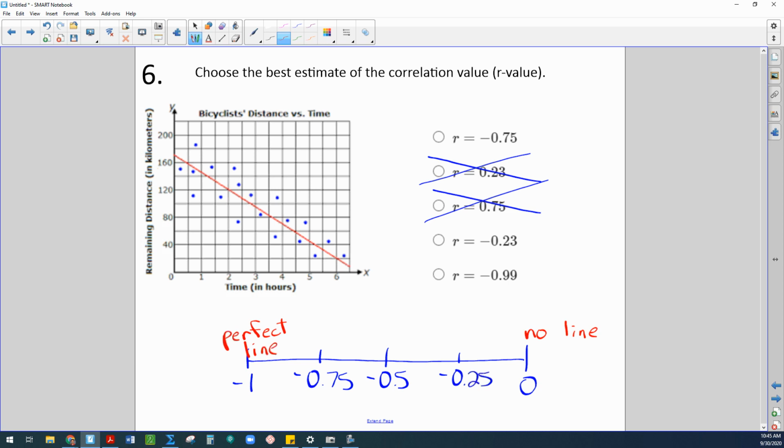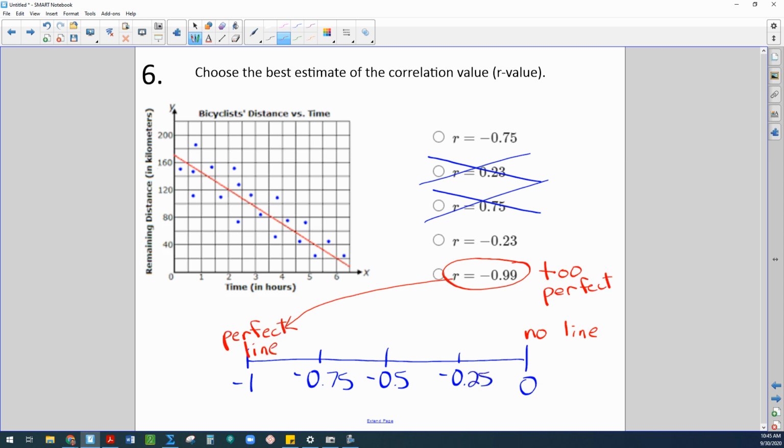So if I look at these options, negative 0.99 is very, very close to negative 1, which means that all the points would have to be extremely close to the line. This doesn't work because it's too perfect.